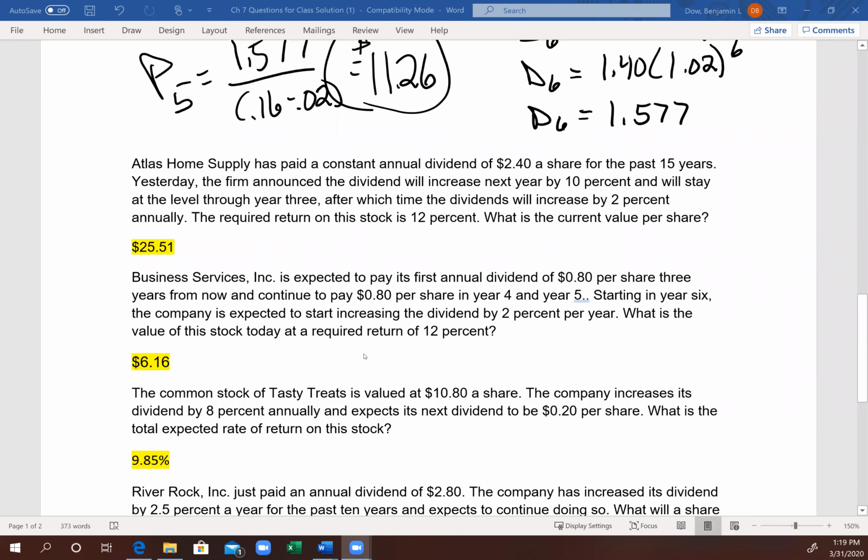Let's try this business service one. All right, so this one's a little bit different. Because it says we've got a company that's not paying a dividend.